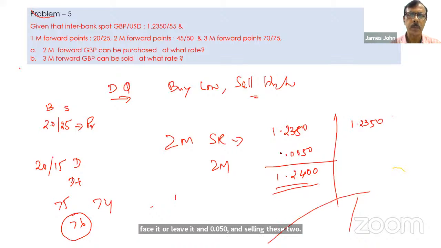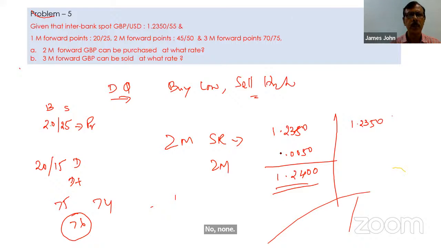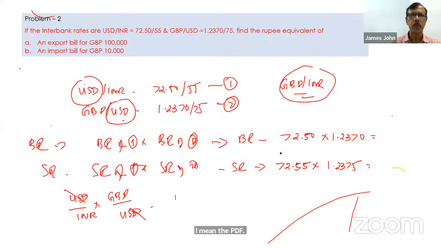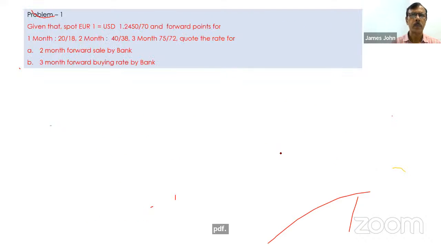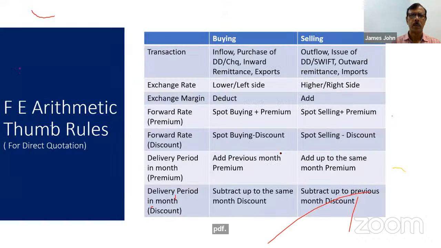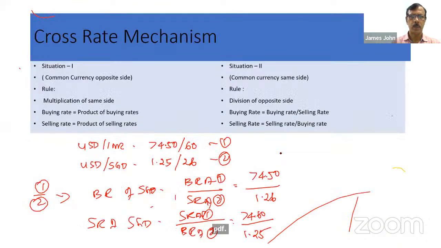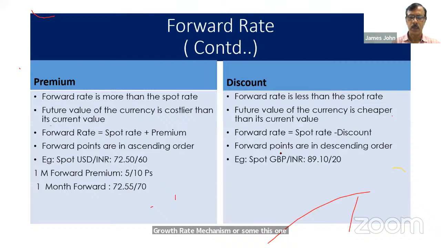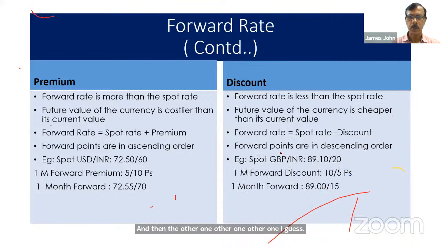No, not that question. I think the earlier slide was showing that. Can you go to the grid, sir? They were showing the discount and selling and buying rates, the PPT where you have shown that chart differentiation. Cross rate mechanism or this one? This one, sir.